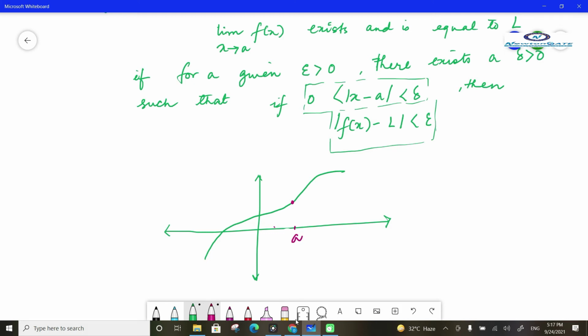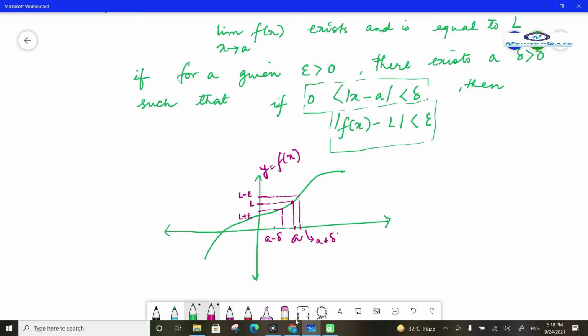Let me write it again. This is the point where my L, or the limit, is defined. So how does it look by the definition? I'm taking a small neighborhood L minus epsilon and L plus epsilon. If I draw back these lines to where they touch and take it to the x-axis, this is a minus delta and this is a plus delta.